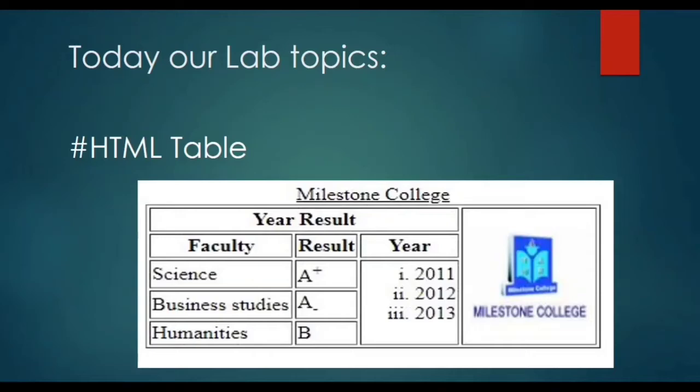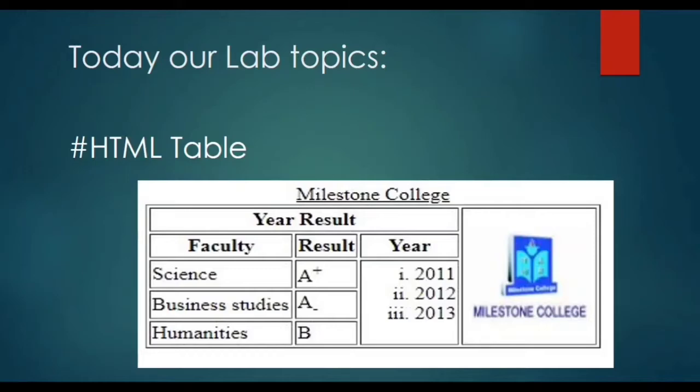And then for year, we can see an ordered list is mentioned, written in Roman letters, and this ordered list is also taking 3 rows, so there should also be a rowspan. And in the next row, business studies, next is A minus. Here we are writing the minus a bit down to show the subscript or sub tag.